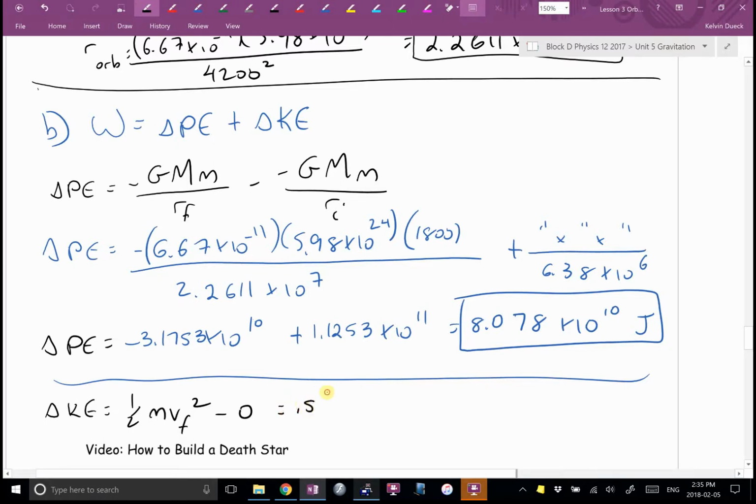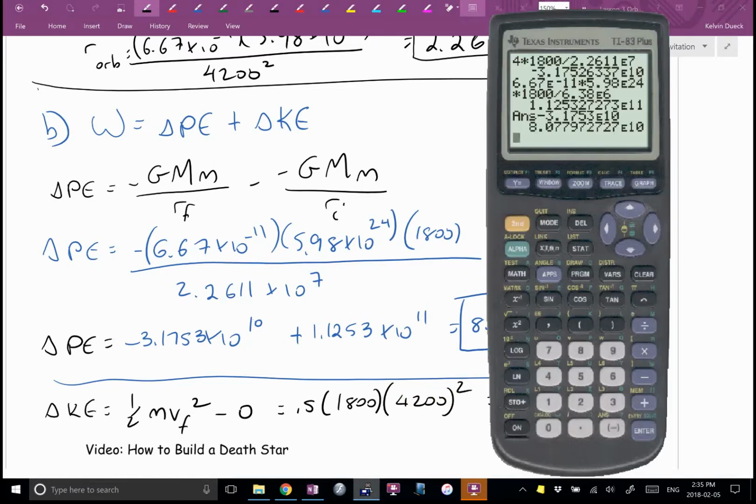So it's going to be 0.5 times 1800 times 4200 squared. Almost missed one there. You get 1.5876 times 10 to the 10th.